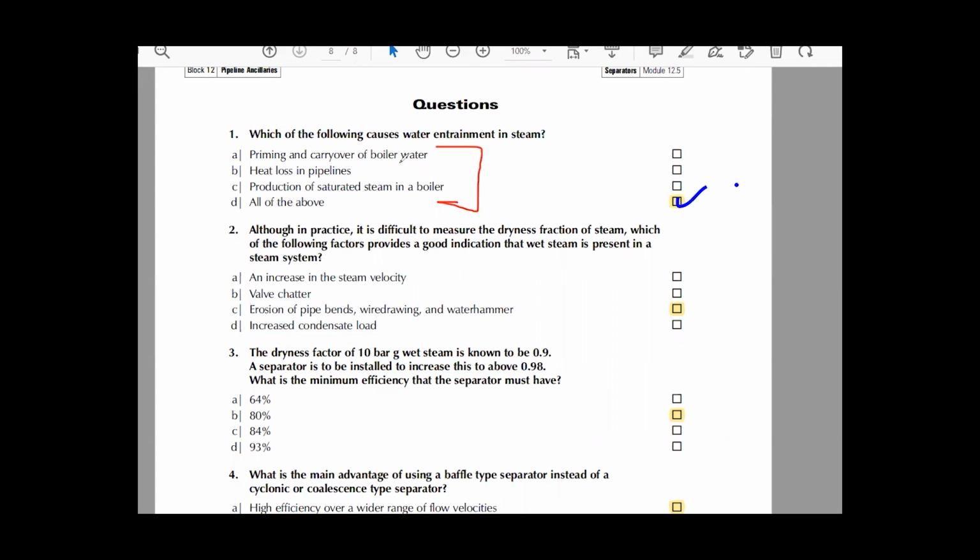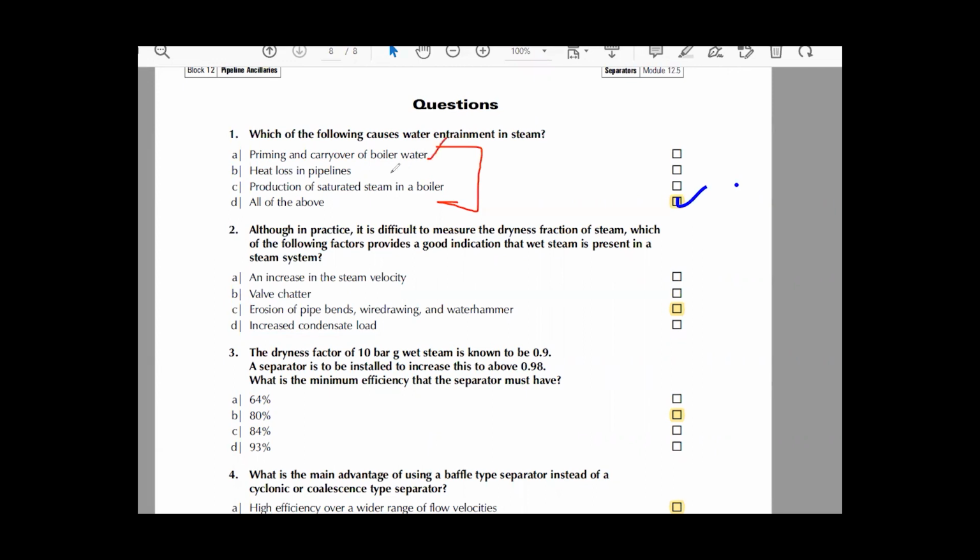Priming and carryover of water happen with maximum load on the boiler. So the boiler makes more and more energy, and the feed pumps add more and more water. So the level of the water increases.